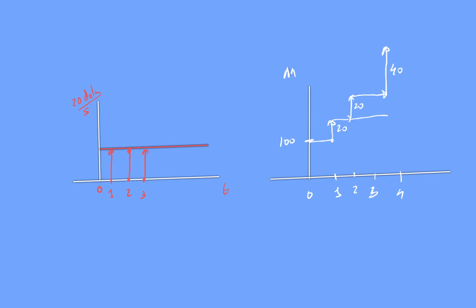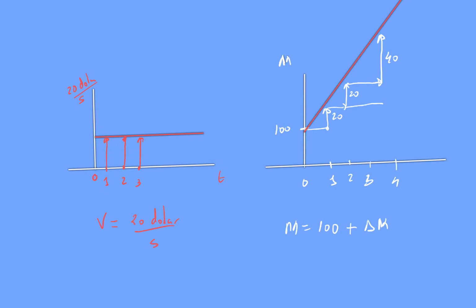And the graph that you can see is the graph with the slope of $20 per second. You are earning $20 per second and you are starting at $100. So what is the equation? The rate at which you are earning money is $20 per second, and the money that you have starts with $100 and it's been increasing.